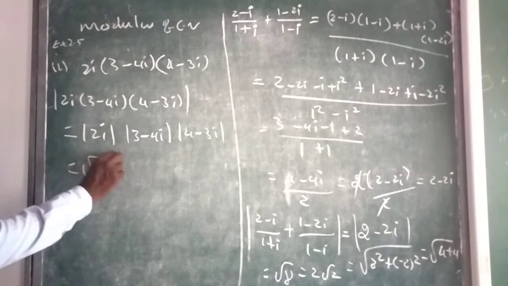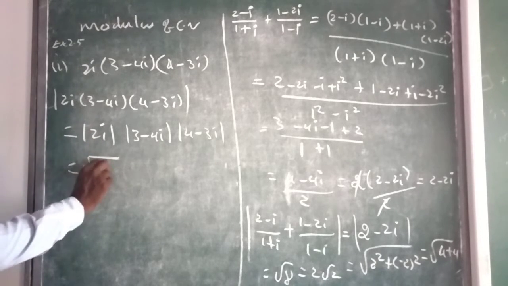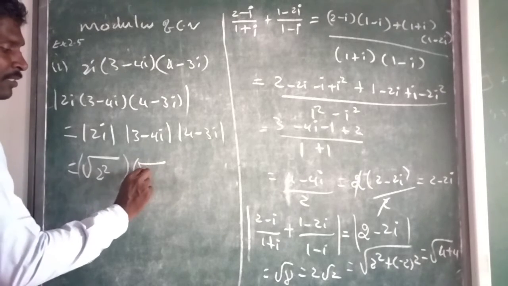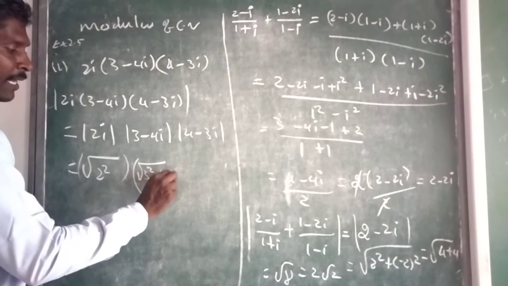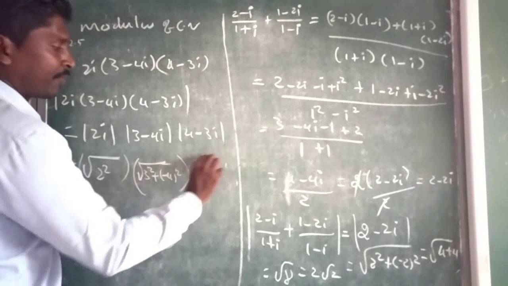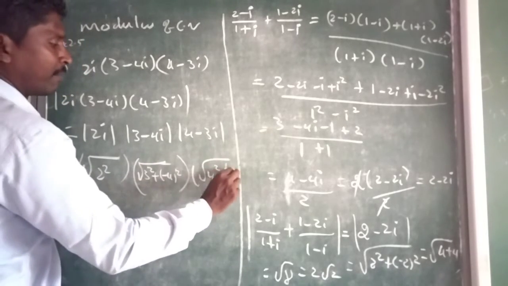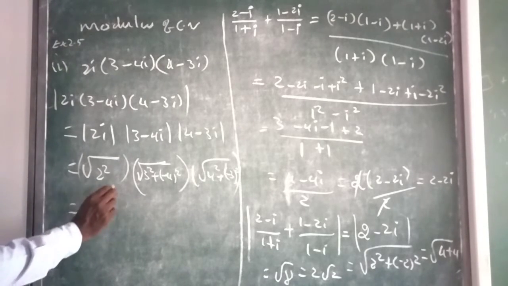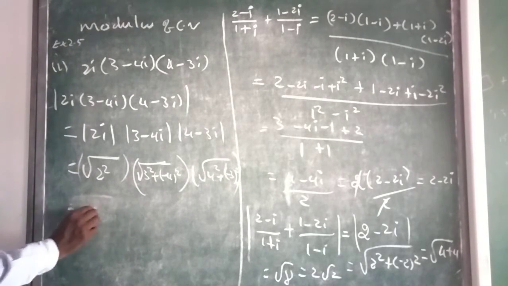Modulus of 2i is square root of 2 square, since it only has an imaginary value, so it becomes 2. Then for 3 minus 4i, square root of 3 square plus minus 4 square, and then 4 square plus minus 3 square. So square root of 2 square becomes 2.